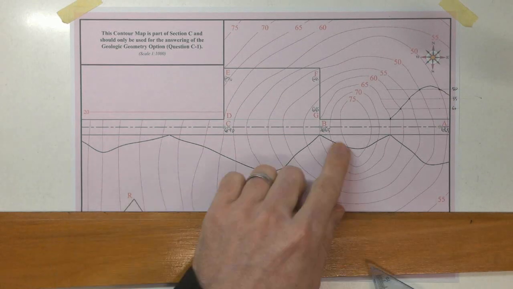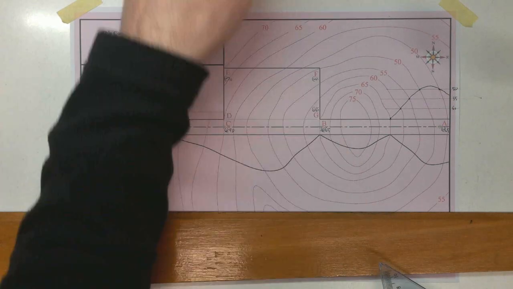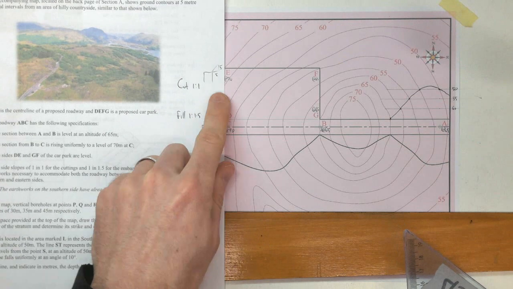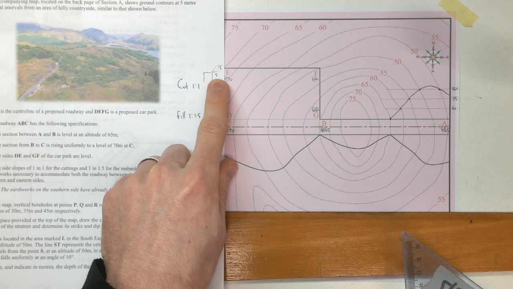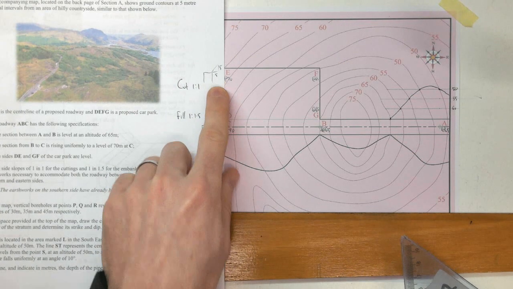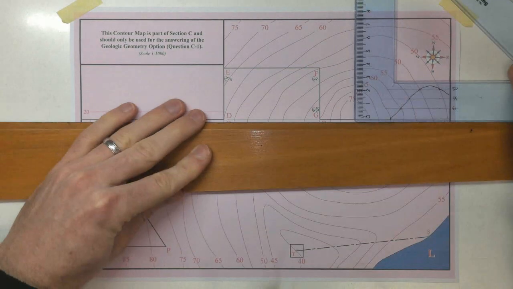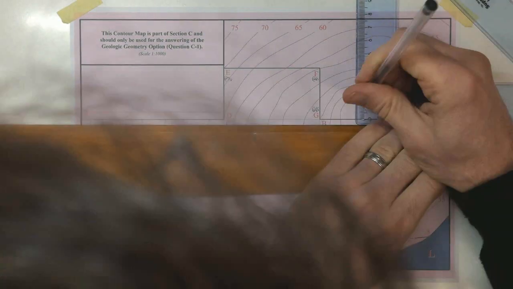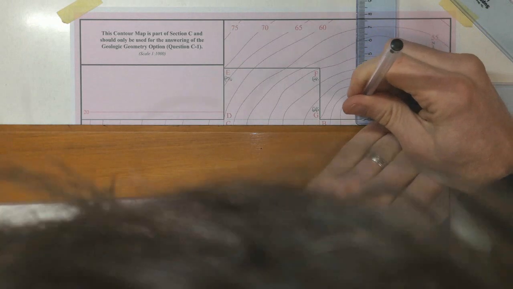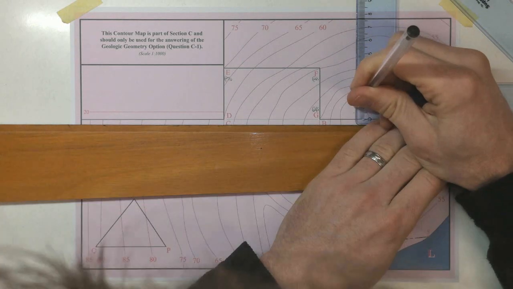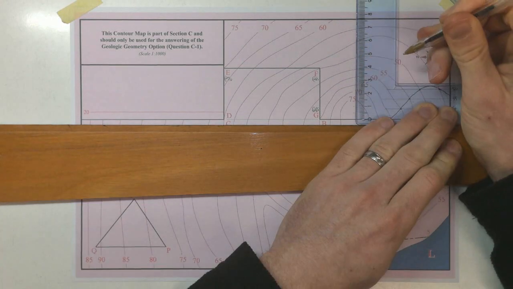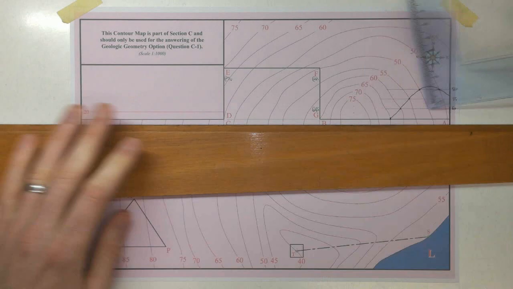Then from here to here is going to be our cut. So our cut is 5 metre intervals, going out 1:1, so 5, 5, 5. So we're at 65, 70, 75. That's as much as we need, there's only about that.